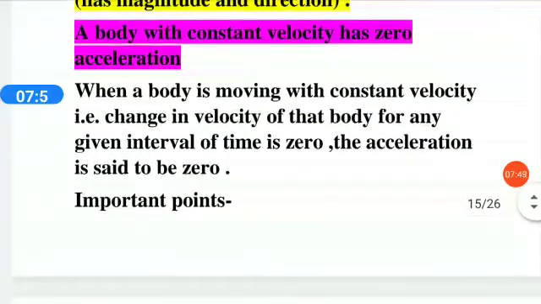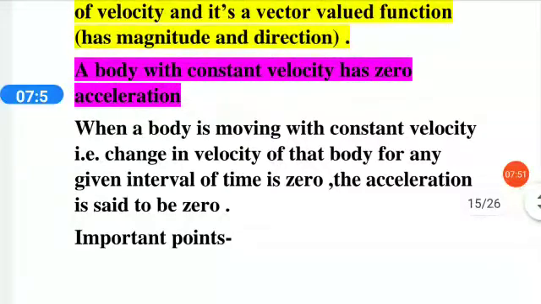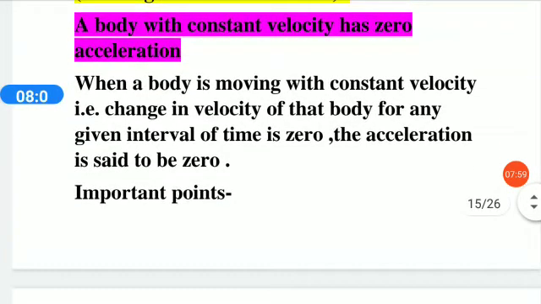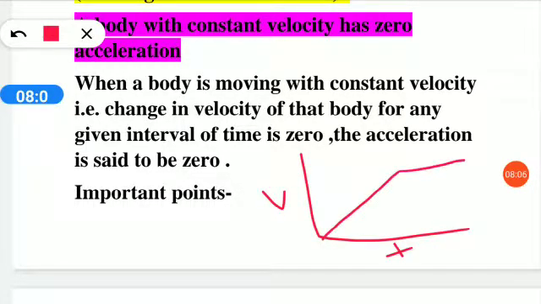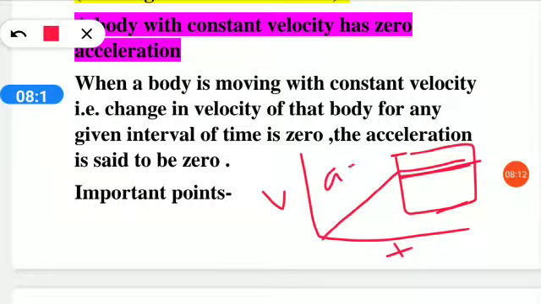A body with constant velocity has zero acceleration, meaning if a body is moving with a constant velocity, it is not changing with time, so it is called zero acceleration. When you come to see the graph, you will get a graph like this, a v-t graph. Here at this part, velocity is constant, so acceleration will be 0.